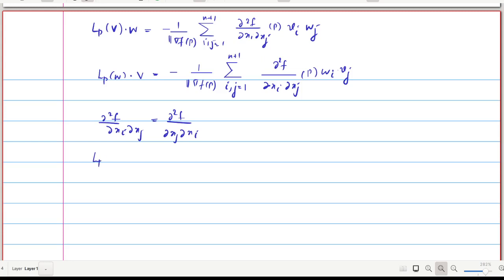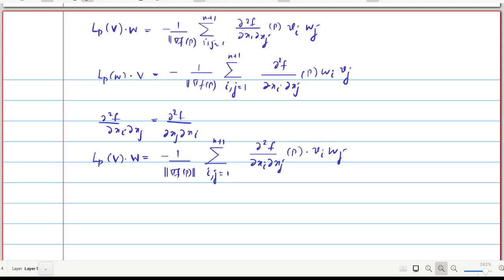Then we write this: we start with LPV dot w is equal to minus 1 by norm del f of p, summation. We have two summations i comma j, both from 1 to n plus 1, and we have dou square f by dou xi dou xj of p, vi wj.